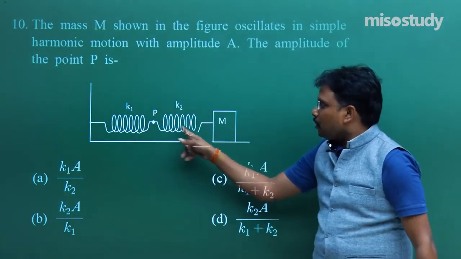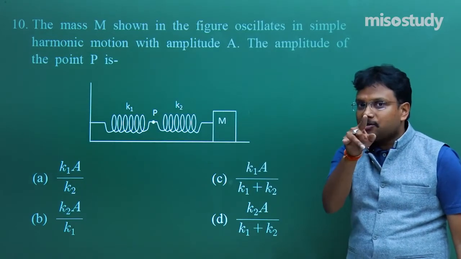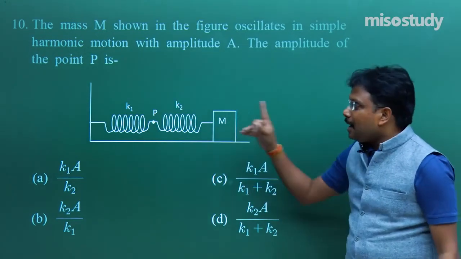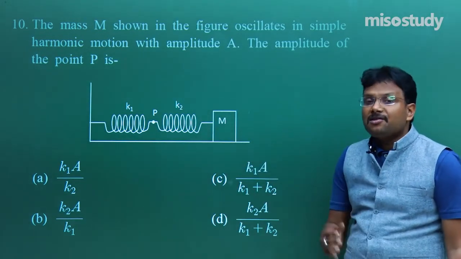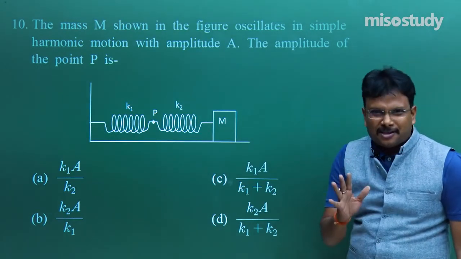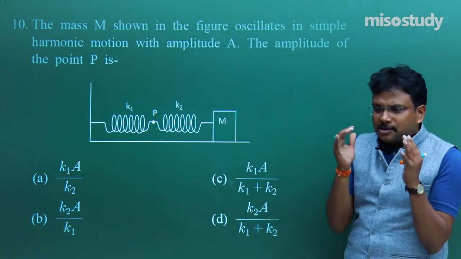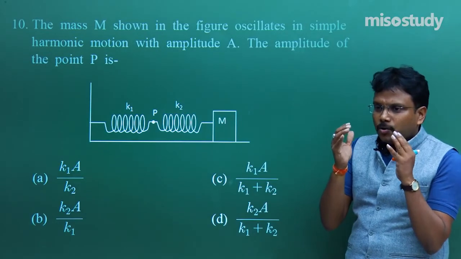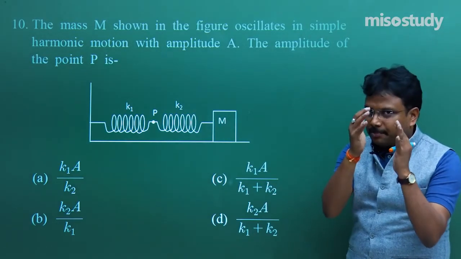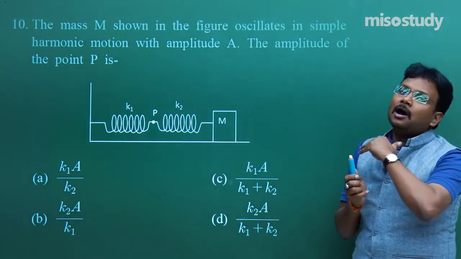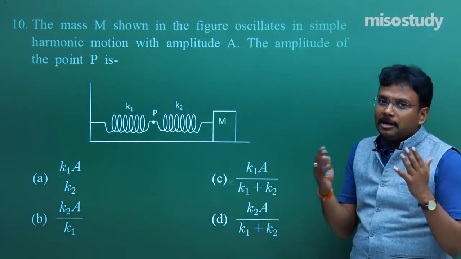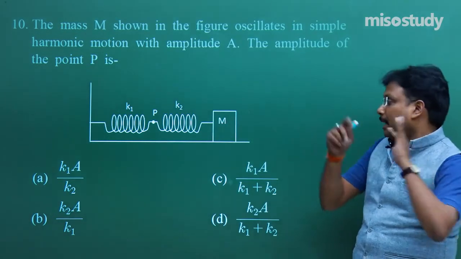Series combination of springs means parallel combination of resistors, and parallel combination of springs means series combination of resistors. This is just to visualize the concept, because the resistance concept is almost crystal clear in each and every student's mind.